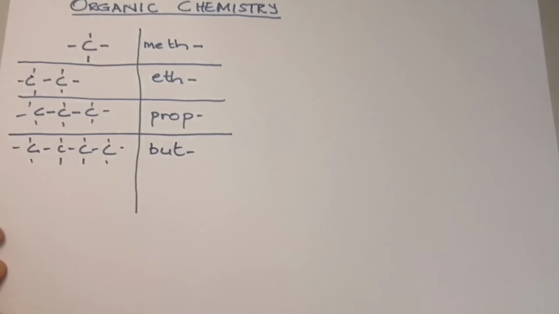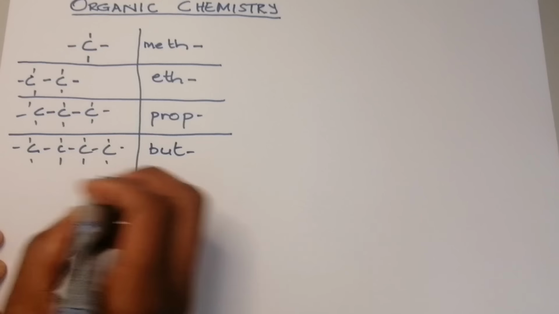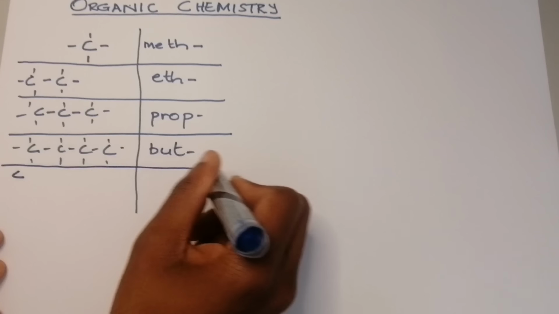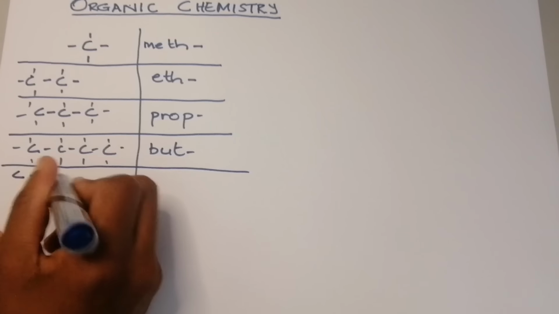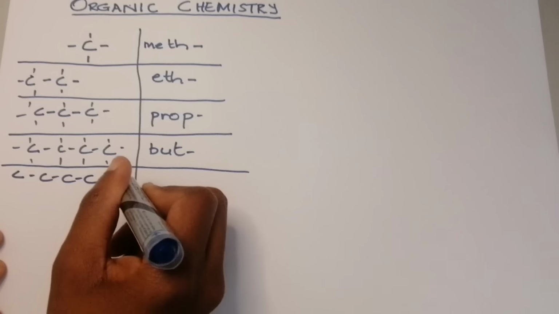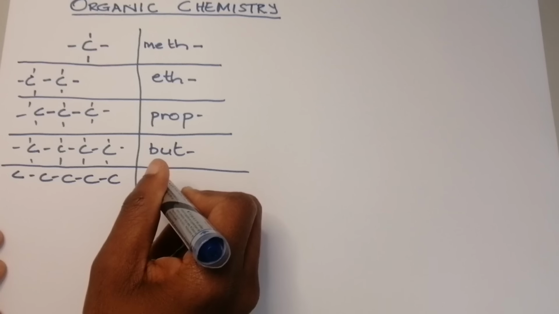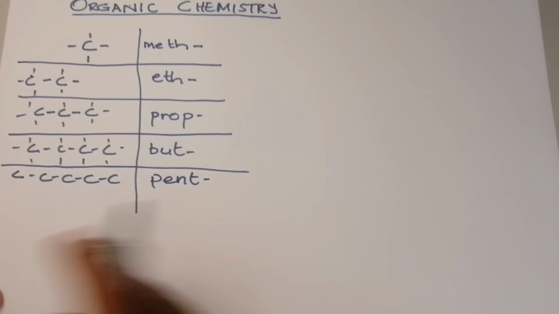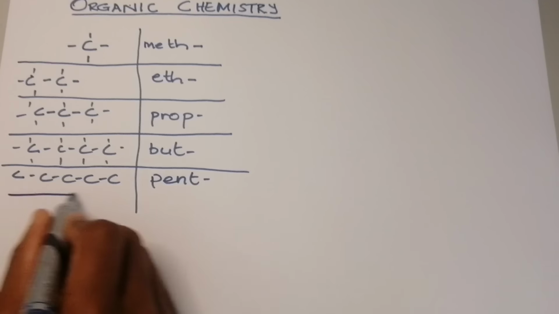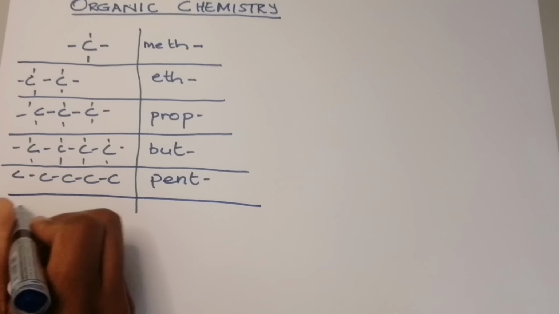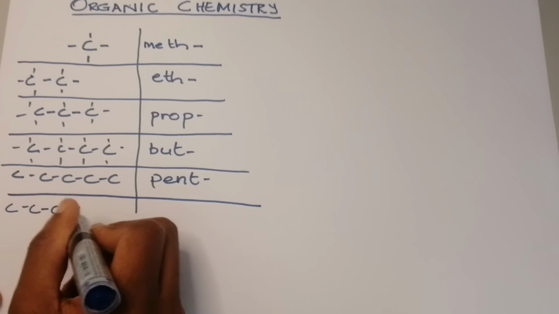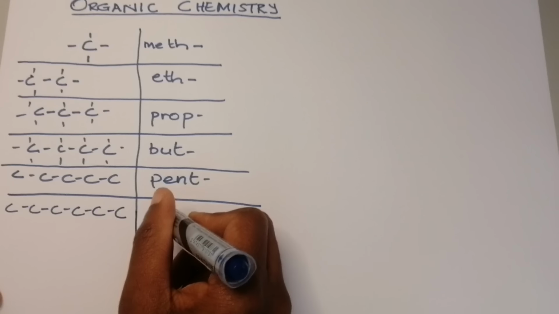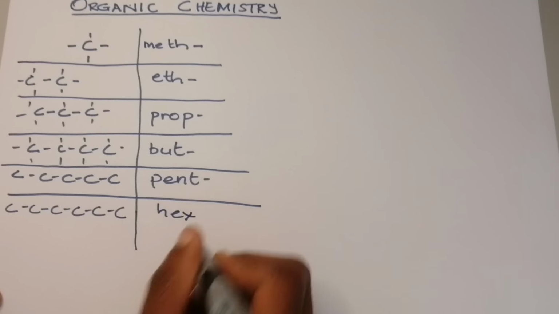If we've got 5, and we're going to limit it to 8, then I use the prefix pent, or pentene. And if we've got 6 carbons, we use the prefix hex.